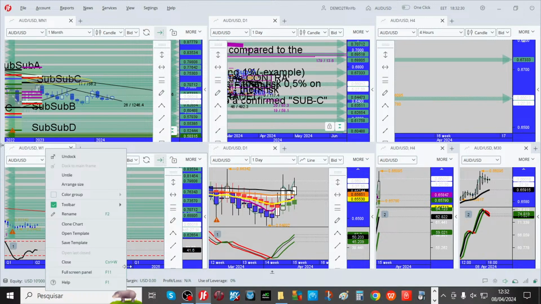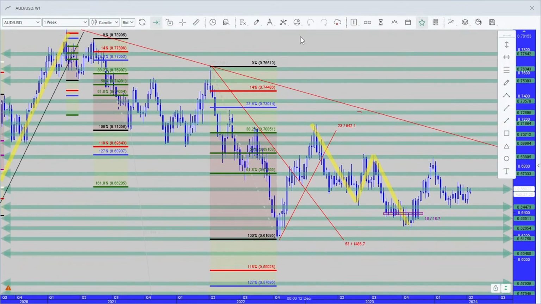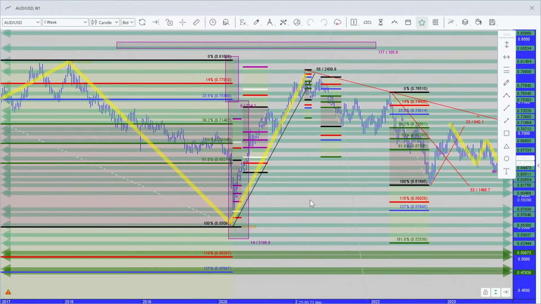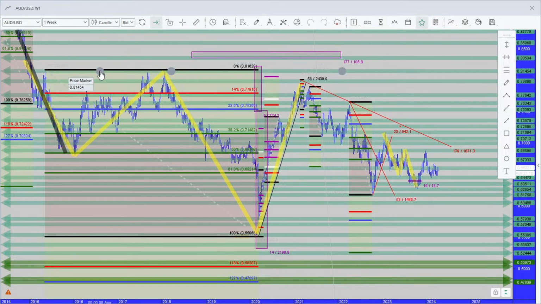AUD USD weekly chart. See everybody? The big one is here. That's the big one, that's the original one. And if you are participating in the New York sessions live on Monday, Wednesday and Friday, you know why I've been telling you short the market, short the market.